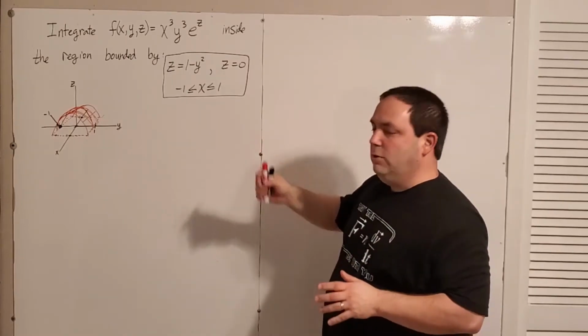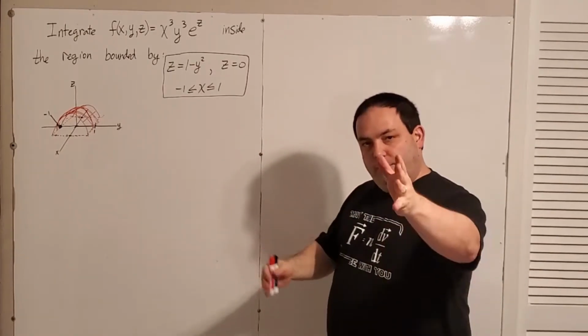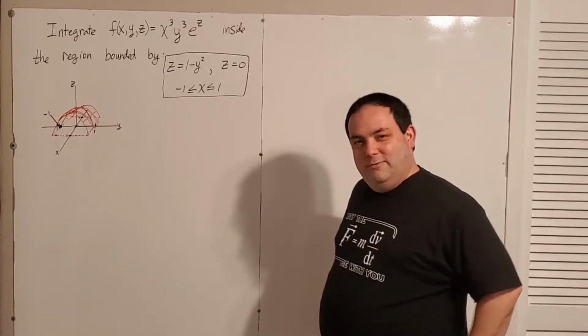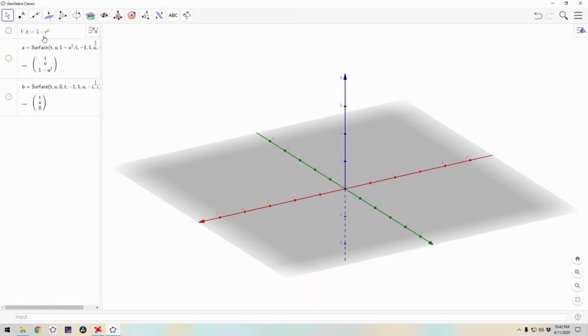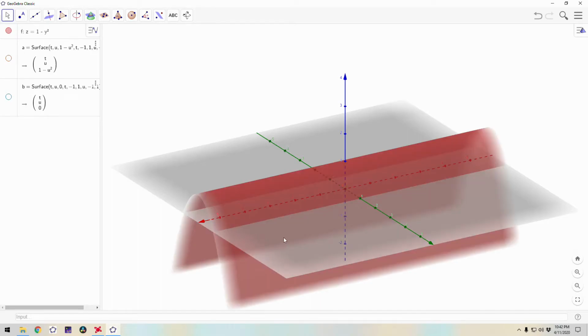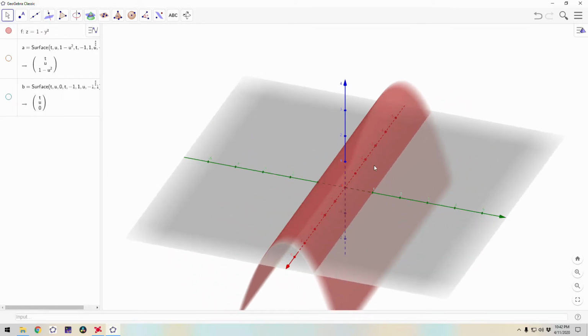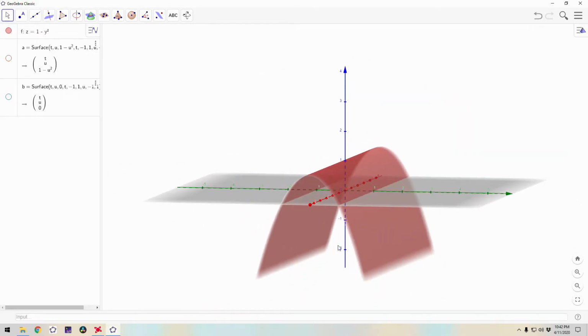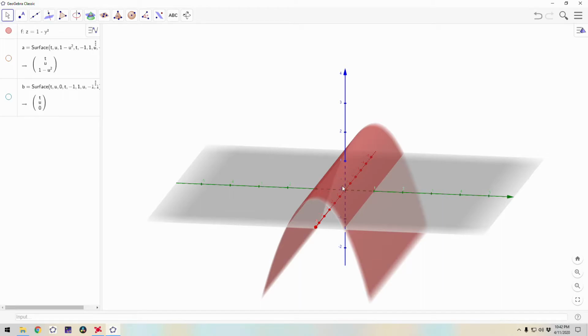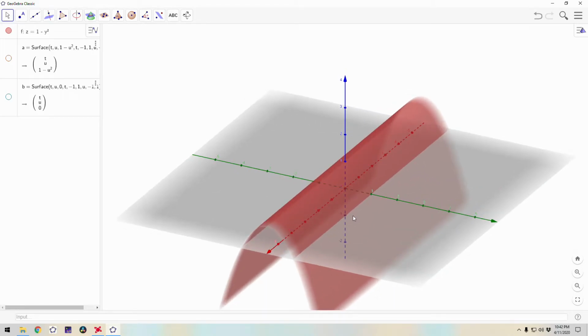So real quick, take a look at a real better graph than mine, what it really looks like. Here's the function z equals 1 minus y squared. As you can see, it's a parabolic cylinder that stretches along the x-axis here, basically parallel with the x-axis, and it's just shifted 1 up on the z as expected. We're not interested in the whole cylinder though.